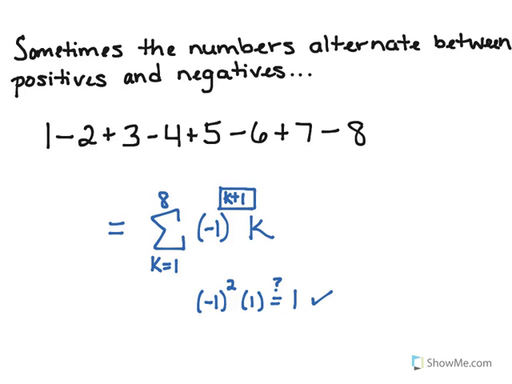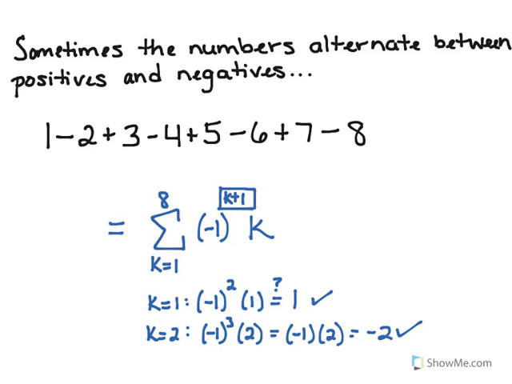Let's try plugging in k equals 2, just to see if we really have this right. If I do -1 to the k plus 1, that'll give me 3, and then I plug in k is 2. That'll give me -1 times 2, which gives me -2, my second term.